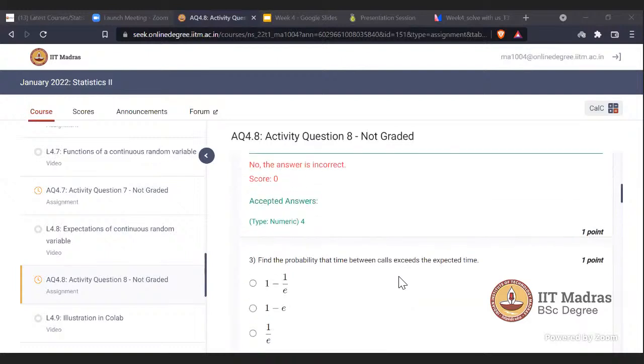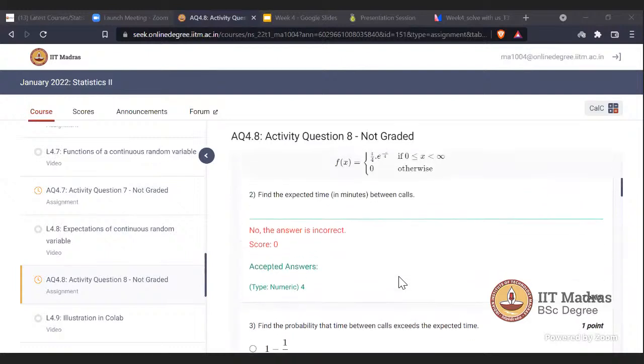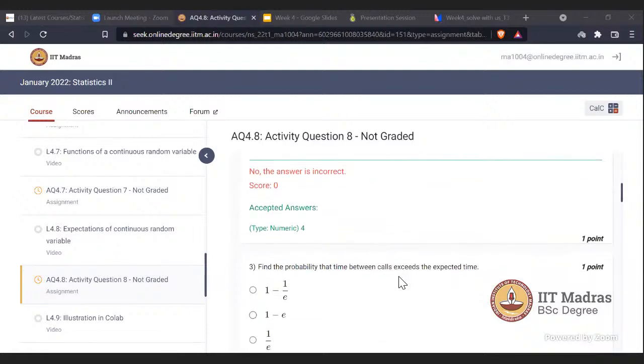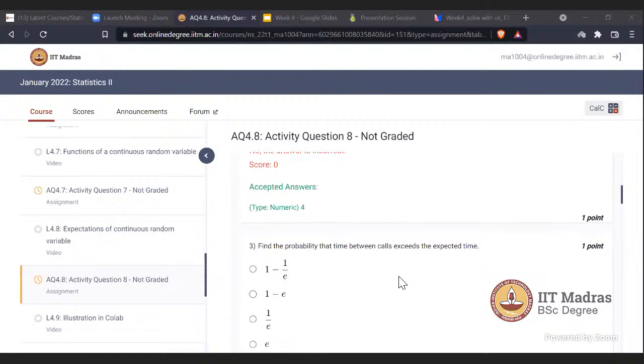First find the expectation, which is 4, and then find the probability of x greater than that mu.